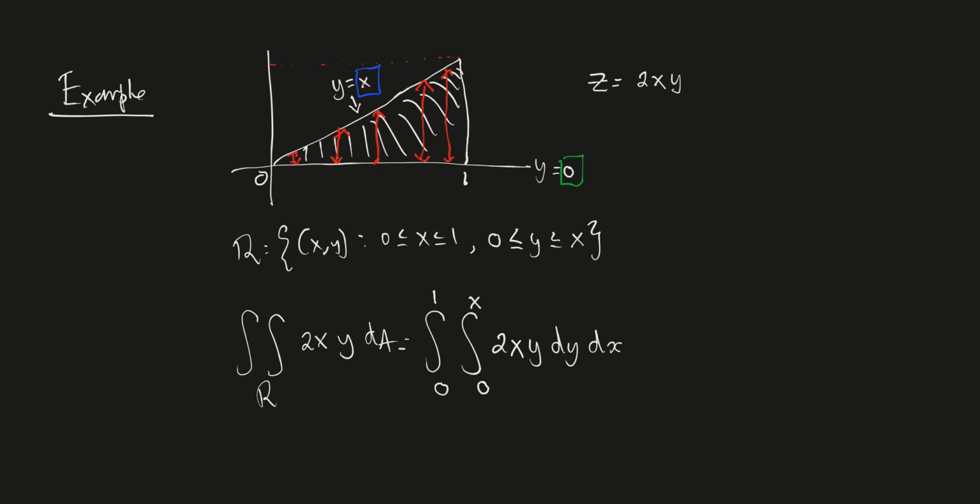So once you have this set up, we still do that kind of iterative process where you do one integral, evaluate it using our standard approach, and then do a second integral.